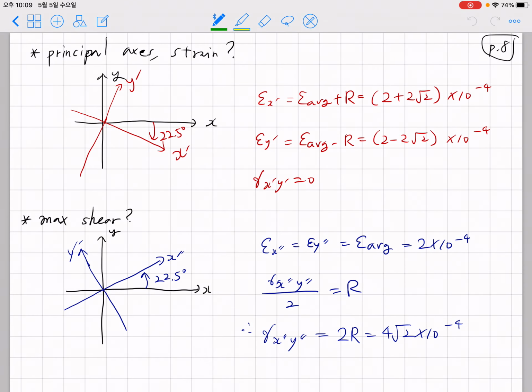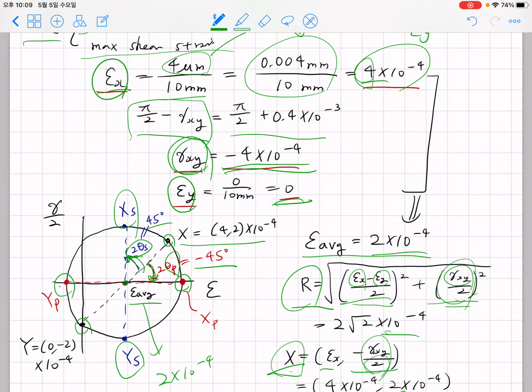So what is the principal axis and principal strain? As I told you, if you rotate this clockwise by 22.5 degree, x prime, y prime will give you the principal axis, and the normal strains along x prime and y prime will be the principal strains. Epsilon x prime is given as epsilon average plus the radius of the Mohr circle, and the other principal strain is epsilon average minus the radius of the Mohr circle.